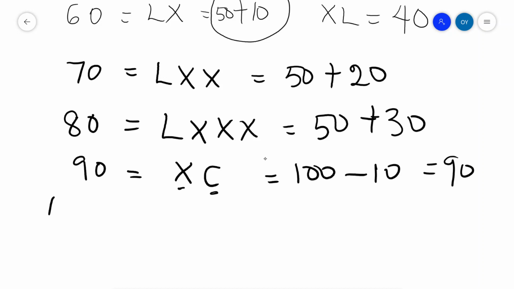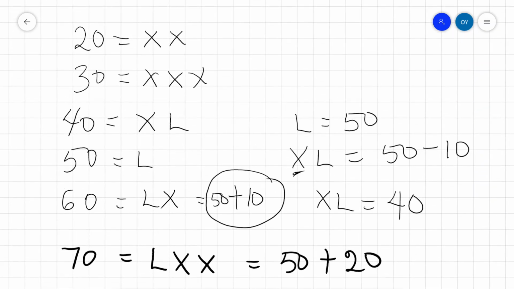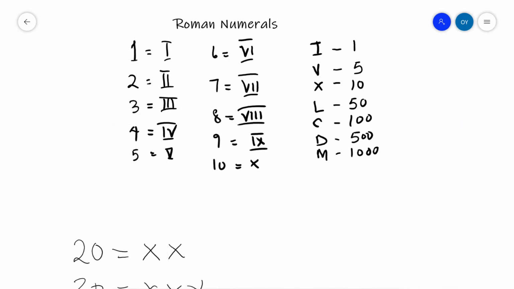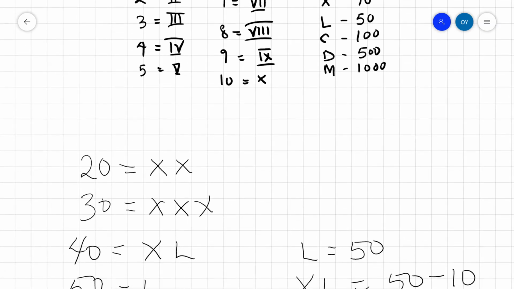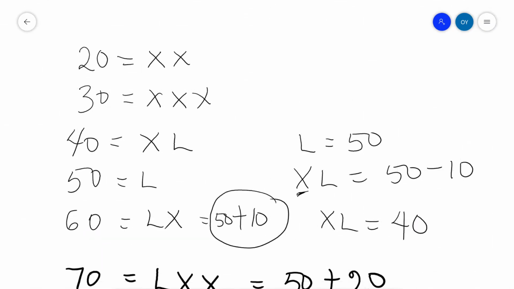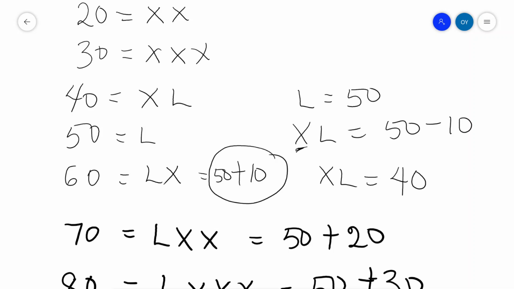Then 100 is C. You probably need a notebook to write down the important Roman figures: 1, 5, 10, 50, 100, 500, and 1000. You can write this down in your notebook.